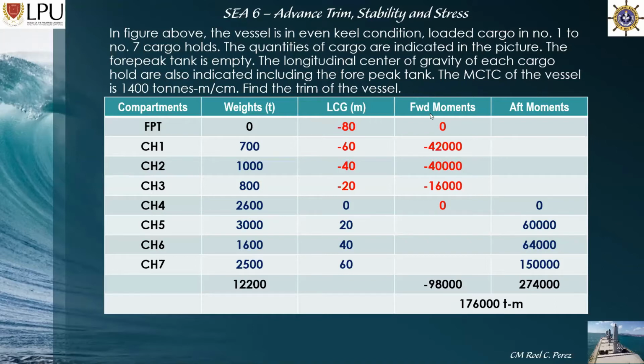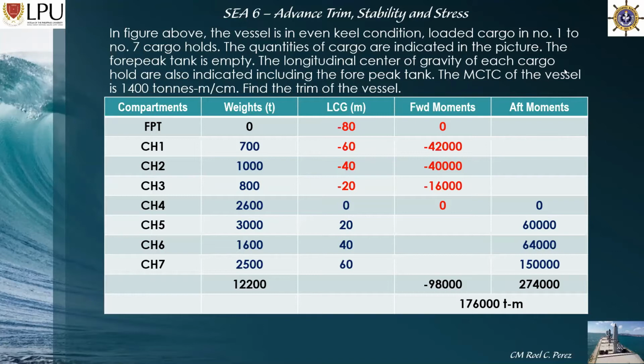And the MCTC, okay, this is the moment to change trim by 1 centimeter. They don't have an explanation here. Maybe I will explain this after. It's in my book.